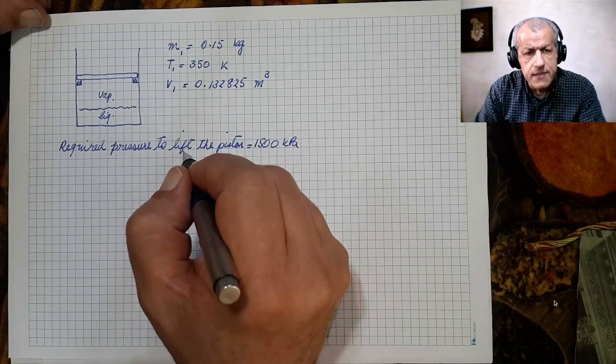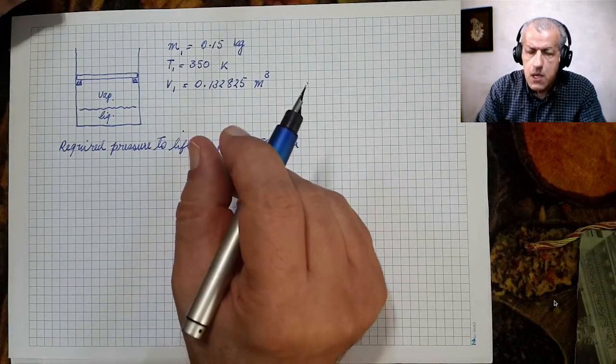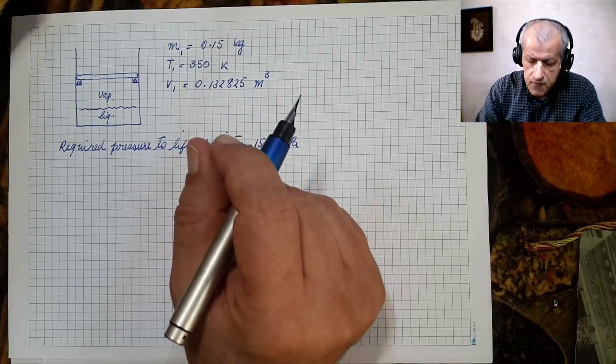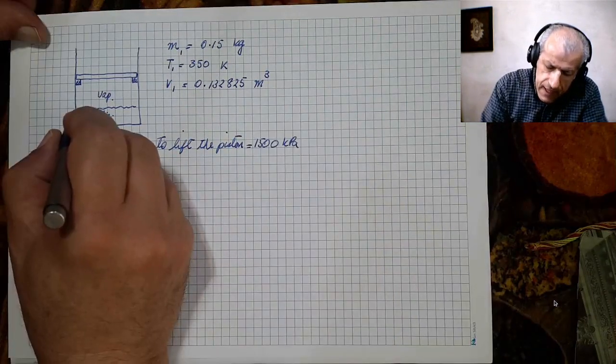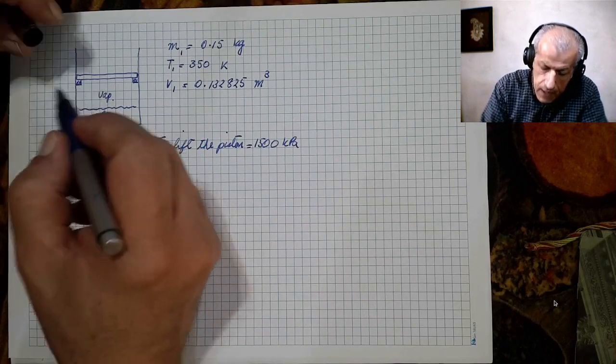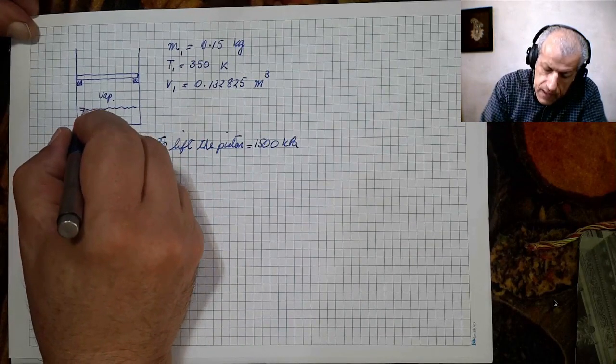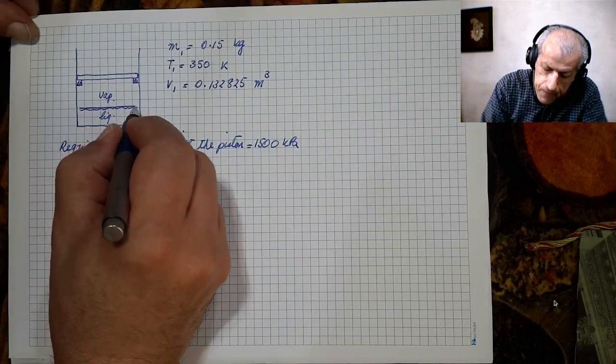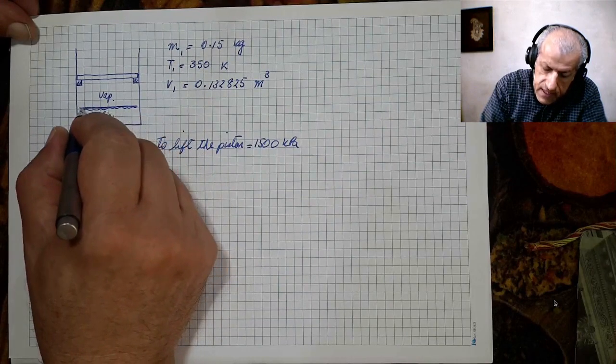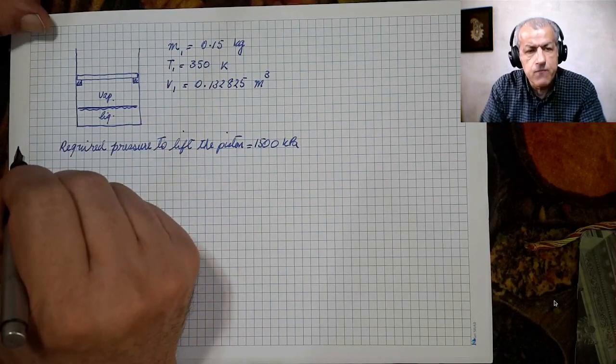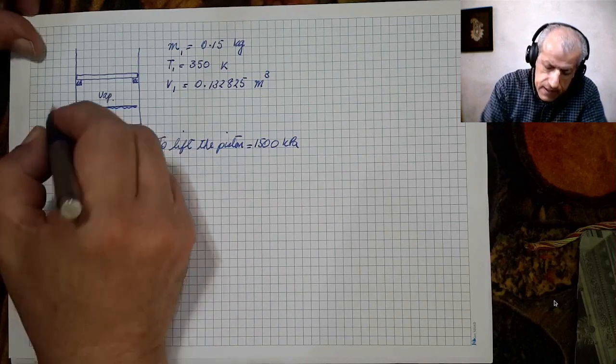Now, the problem tells us with one addition, which is to try to give us a point. There is a plate over this liquid at its initial condition. So there is a plate. This is a plate.